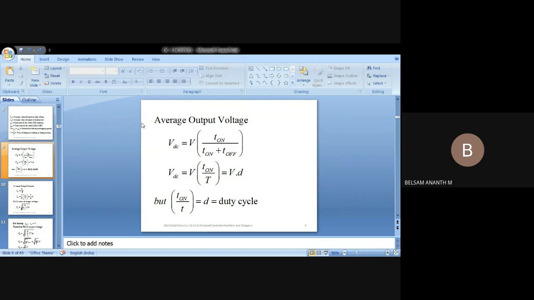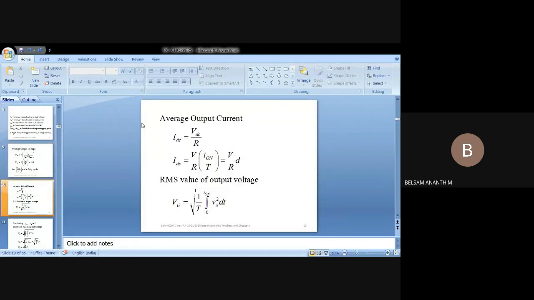Second, P equal to VI, P equal to I square R, and P equal to V square by R. Then duty cycle equal to T on divided by T on plus T off. Cumulatively we consider the duty cycle as small d, so small d equals T on by T, where capital T indicates T on plus T off. In certain books the total time might be taken as capital T. Don't get confused if you refer to some textbook.